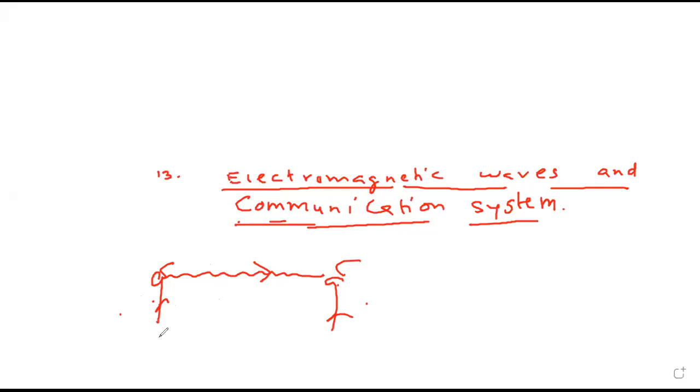So to communicate electronic signals such as TV signal, video signal from one place to another, we require some medium, and through that medium something should travel.